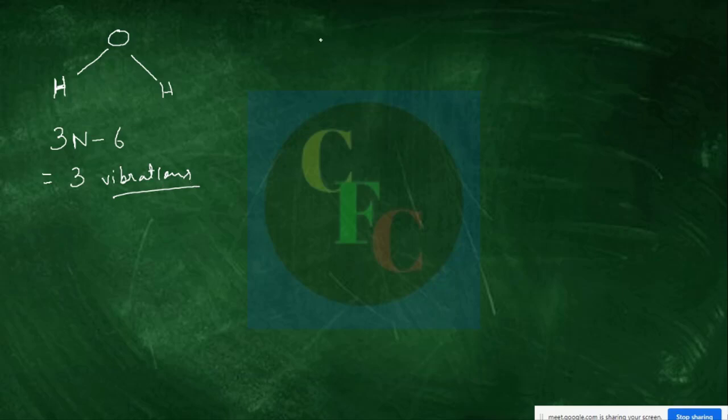In the first lecture we discussed something like this. Suppose both of these OH bonds elongate and compress simultaneously. They can either move this way together or this way together.